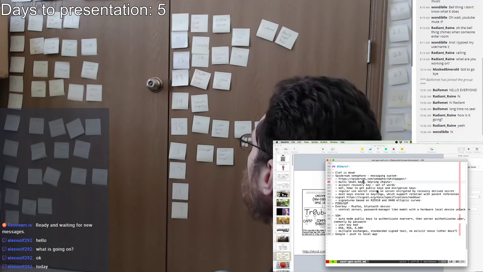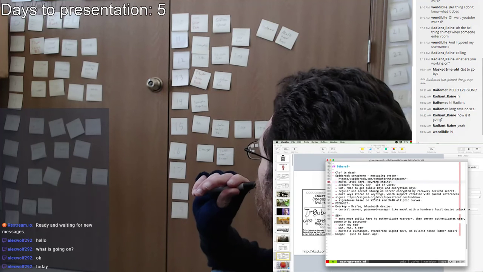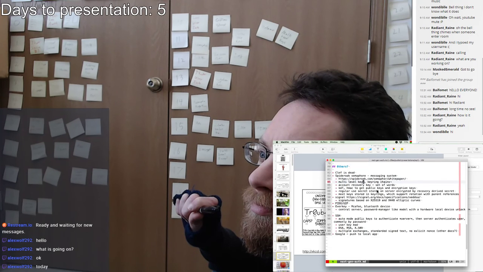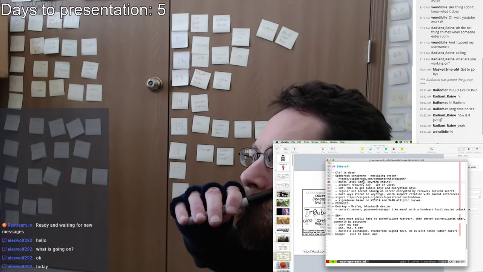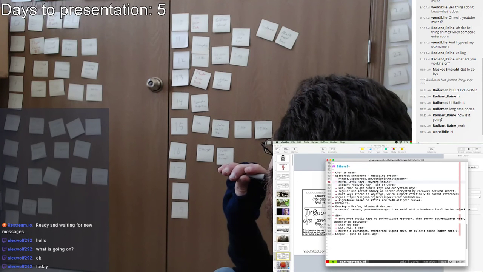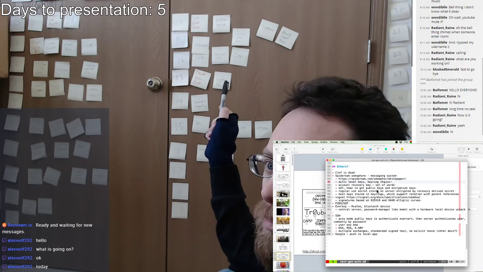Alright, so we've got rotation of keys. And right now, so if it's stolen, put in there.